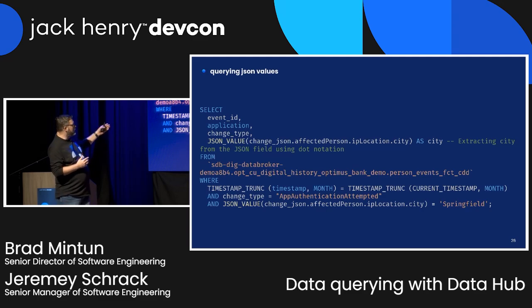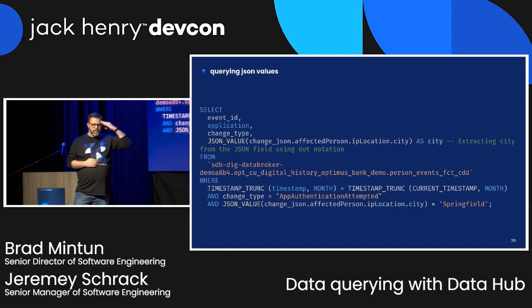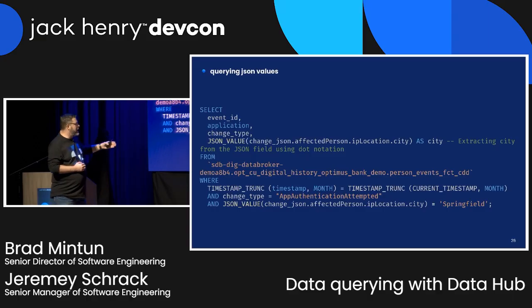But one of the things I really love about Data Hub is, you notice the JSON value. The first item there, change_JSON, is the actual field that the data is stored in, and then I can use dot notation to get to the specific value that I want from that JSON. So this reduces the knowledge that you have to maintain to get what you need out of that data.